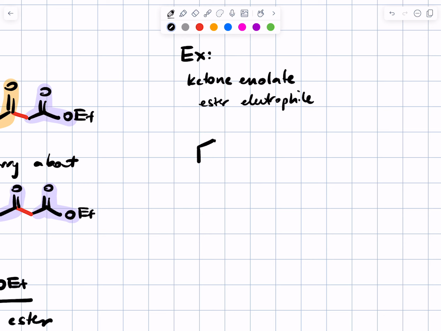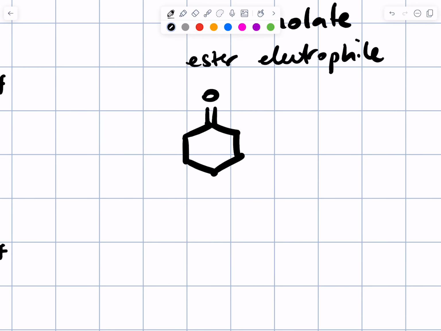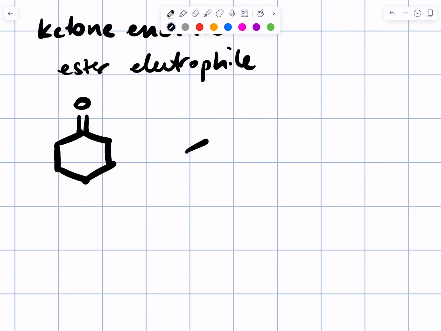So I told you before that a beta ketoester is a classic example of a Claisen product. Here is a ketone, and then here is an ester.